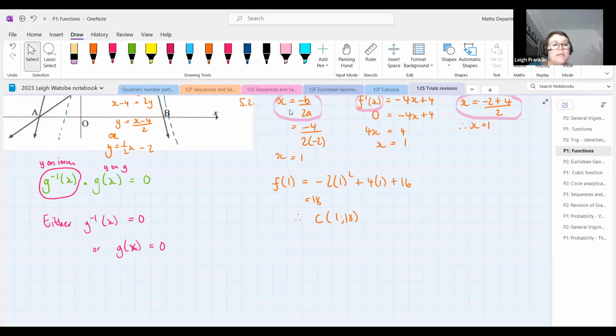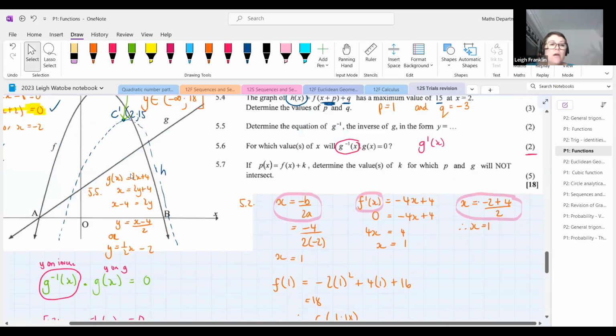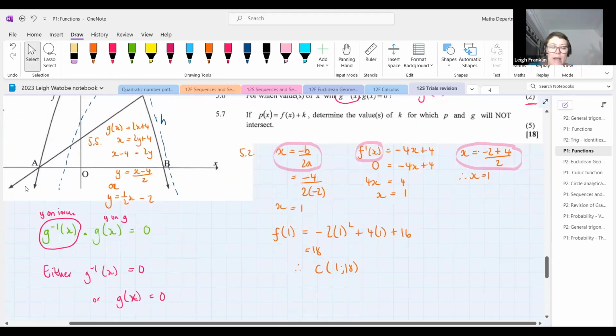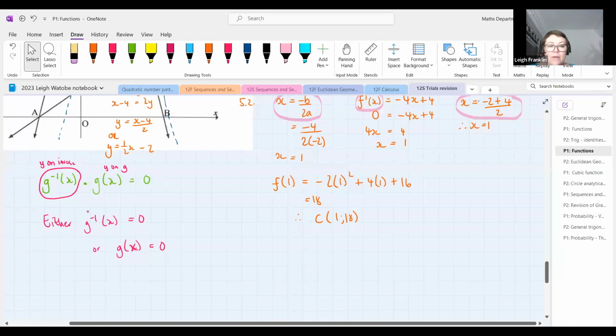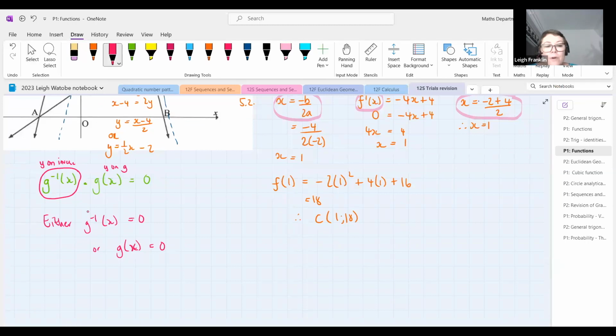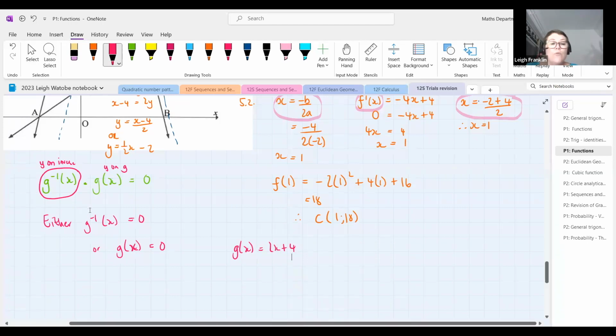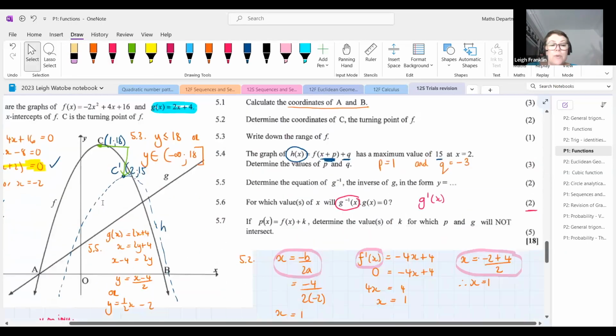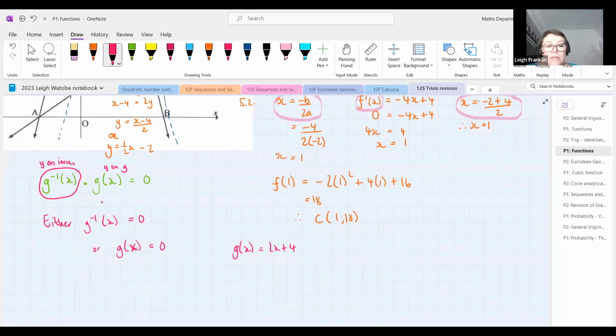So it will be the x-intercept of the inverse and the x-intercept of the graph of g of x. Because this is the graph g of x equals 2x plus 4, for its x-intercept, your x-intercept would be at -2, isn't it? Because it would be 2x equals -4, so x would be equal to -2. So that would be one of our answers.